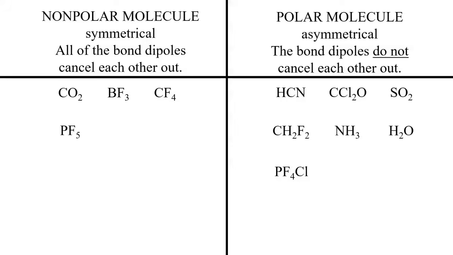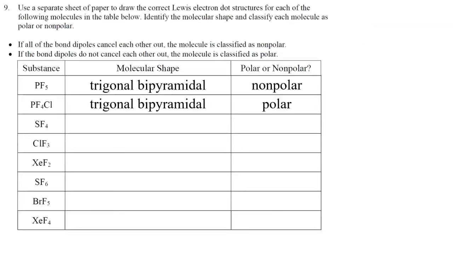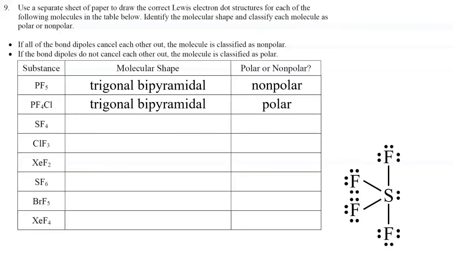Our next example in the list is SF4, sulfur tetrafluoride. You have seen this molecule before. There's going to be 4 bonding domains and 1 non-bonding domain. There's a lone pair of electrons on the central atom. So what that does is it creates a molecular shape that is known as seesaw.